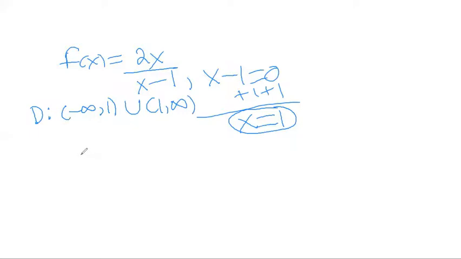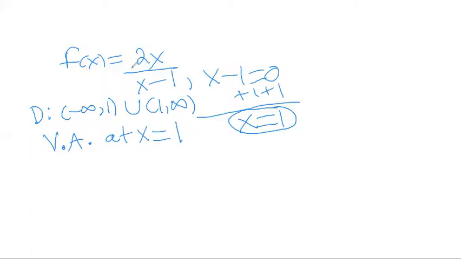Okay, we have that. Well, now we've got to see if we have any vertical or horizontal asymptotes. Believe it or not, we already know we have a vertical asymptote because that's where the function is undefined. The function is undefined at x equals 1. So again, I'm going to abbreviate vertical asymptotes as VA. Vertical asymptote at x equals 1.